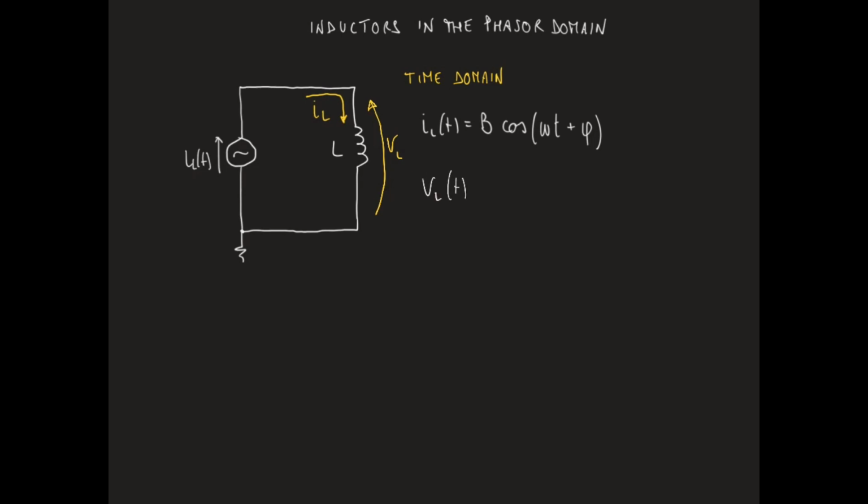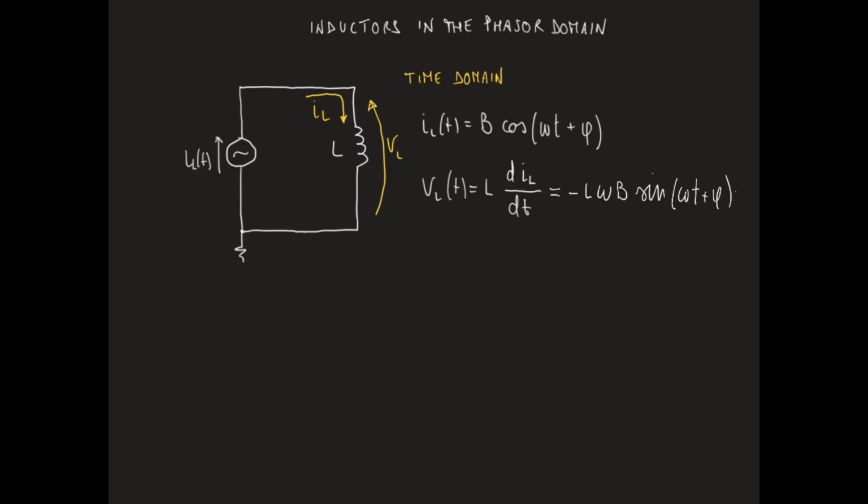VL of t equal to the inductance L times the time derivative of the current IL flowing through the inductor. This is equal to minus L omega B times the sine of omega t plus the phase phi.